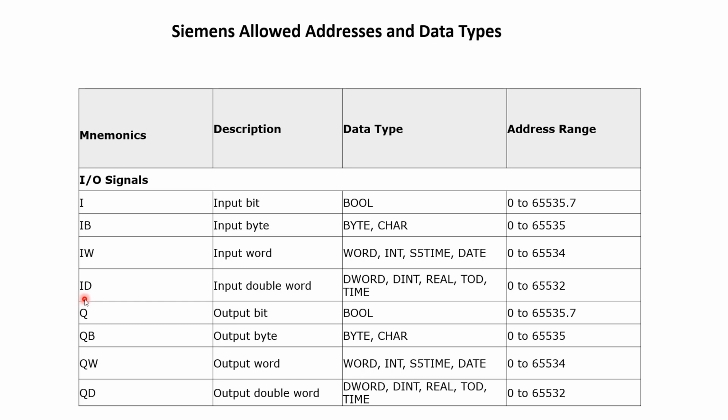Because remember, word 0 comprises byte 0 and byte 1. So the second word will be word 2, comprising bytes 2 and 3, giving us ID 0. This is an input double word, which can be a double word, double integer, real, time of the day, and time.